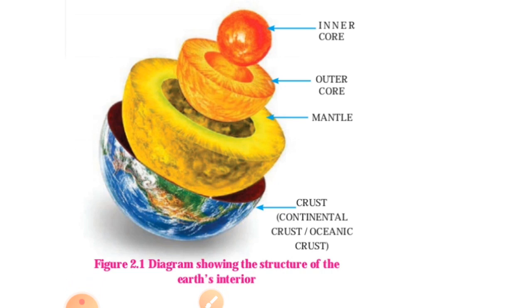The scientists took efforts to study the materials coming out of volcanic eruptions. We also studied the three main layers of the interior of the earth, such as crust, mantle and core. Dear students, today we are going to learn about the crust in detail. Let us see the crust.